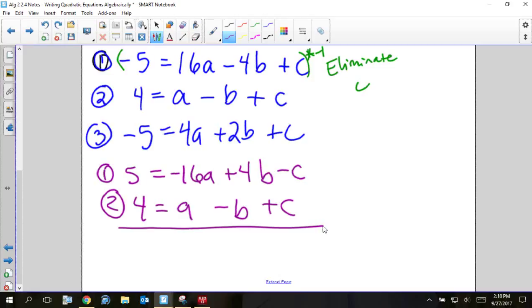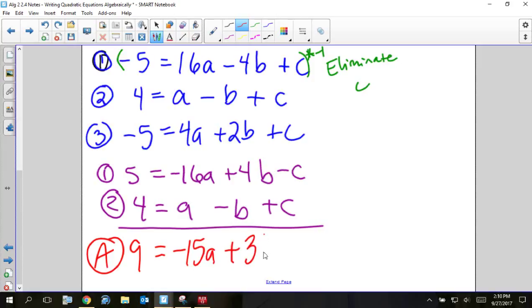So I'm going to eliminate using 1 and 2 and call that equation A. Since I already multiplied equation 1 by -1, I'm going to use equation 1 a second time, but just with equation 3.